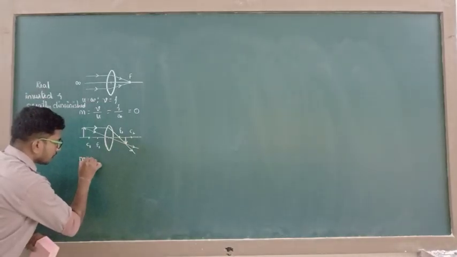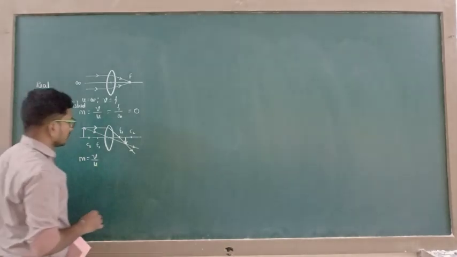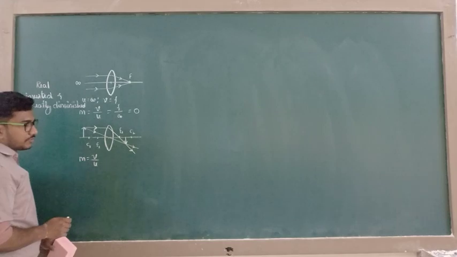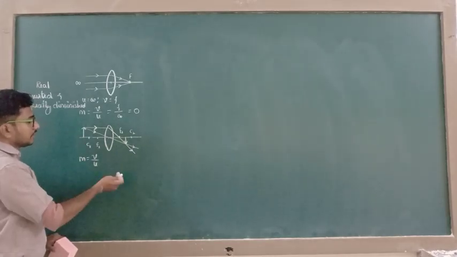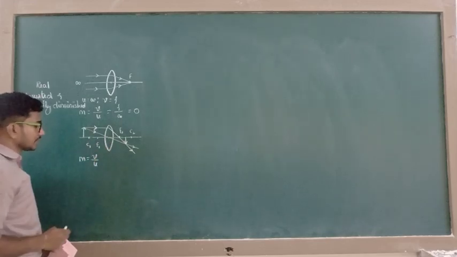M is equal to V by U, or height of the image divided by height of the object. You can even consider height of the image and height of the object, or image distance and object distance. Here image distance is less than object distance.